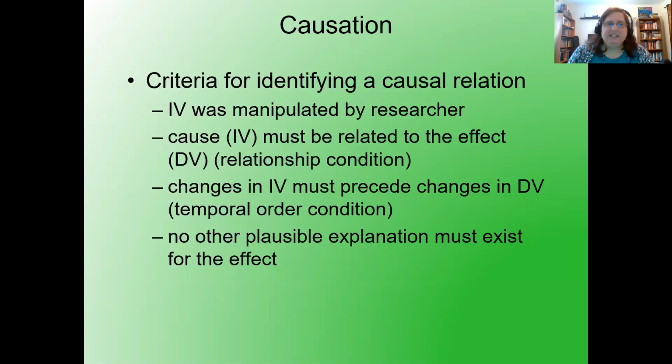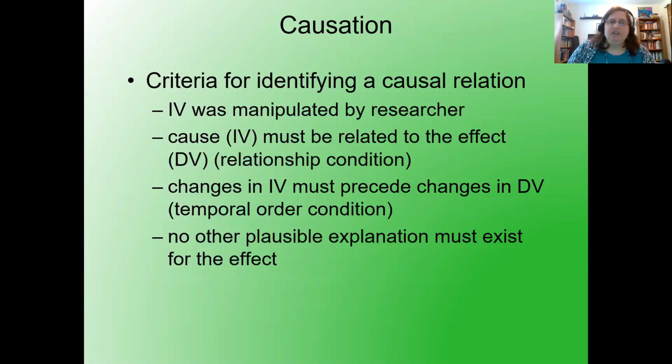So as the garlic group takes garlic, we should see decreasing blood pressure. As the non-garlic group does not take garlic, we should not see the decreasing blood pressure. So we're looking for a relationship.